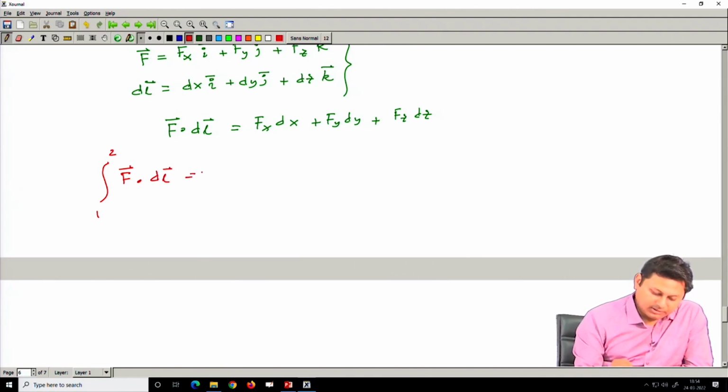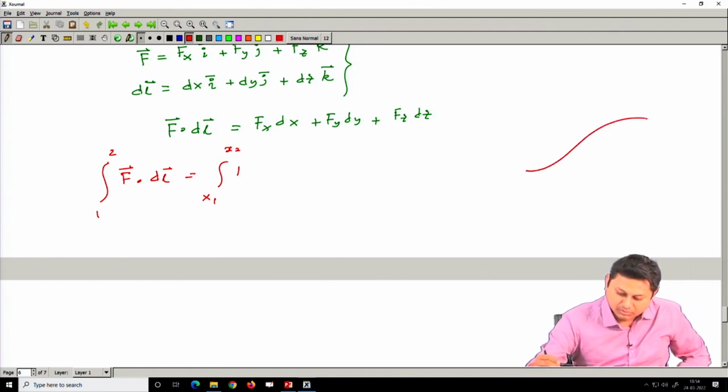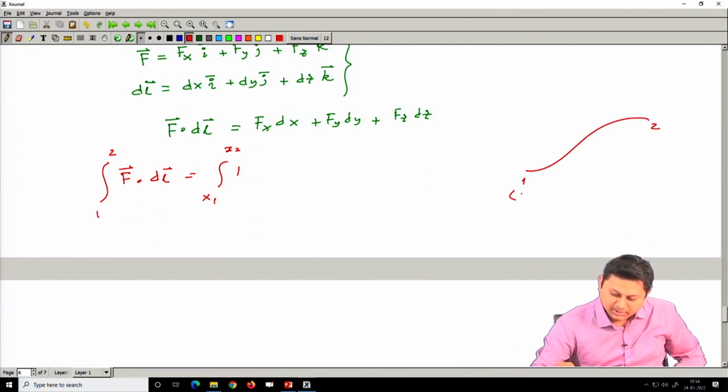This tells us that I can integrate x1 to x2 if these are the two points. This is point 1 and this is point 2. The coordinates here are x1, y1, z1, and this is x2, y2, z2.